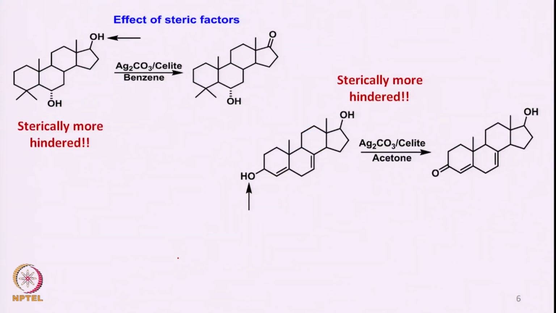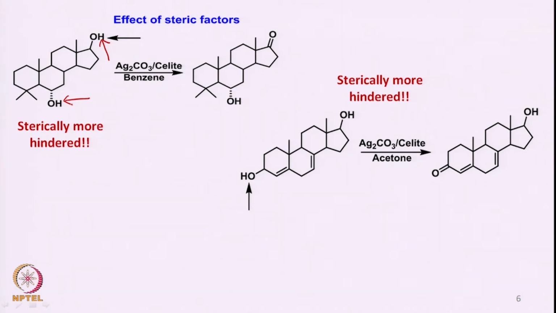Now there are stereo factors that affect this reaction. For example, if one takes a steroid molecule of this kind, this particular hydroxy group versus this hydroxy group, both are simple secondary hydroxy groups and both can get oxidized.